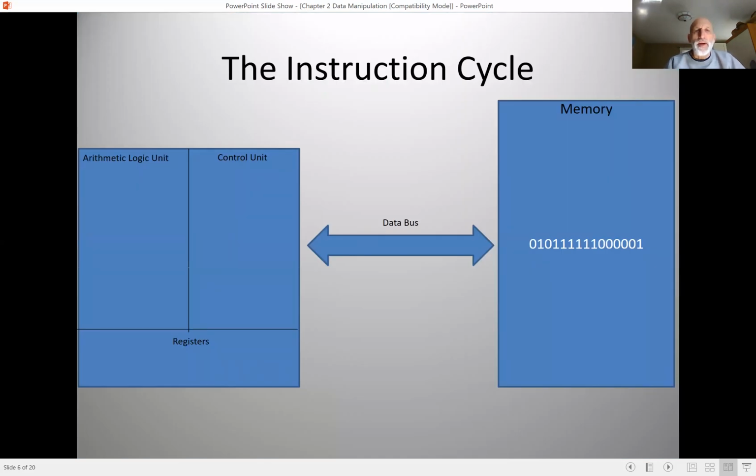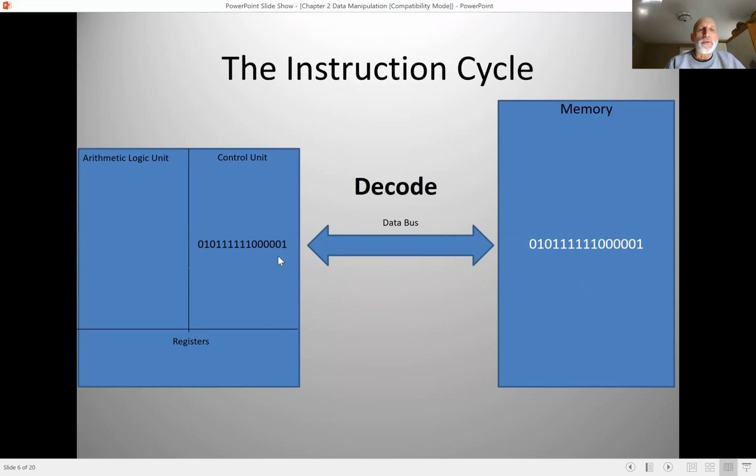This little diagram shows you an instruction. This is a 16-bit instruction that travels across the data bus through the fetch and heads over to the control unit. The decoding process is handled by the control unit.